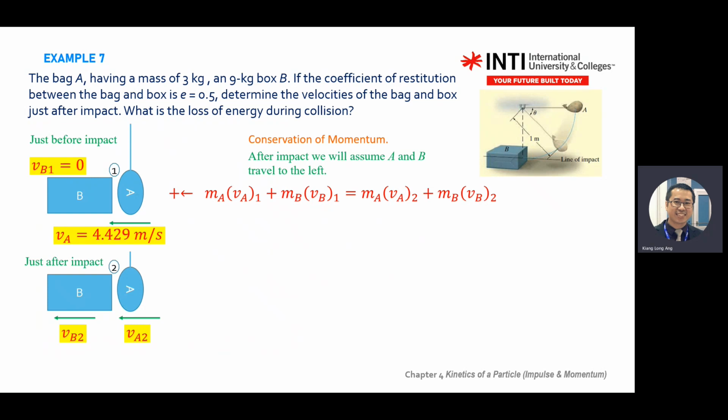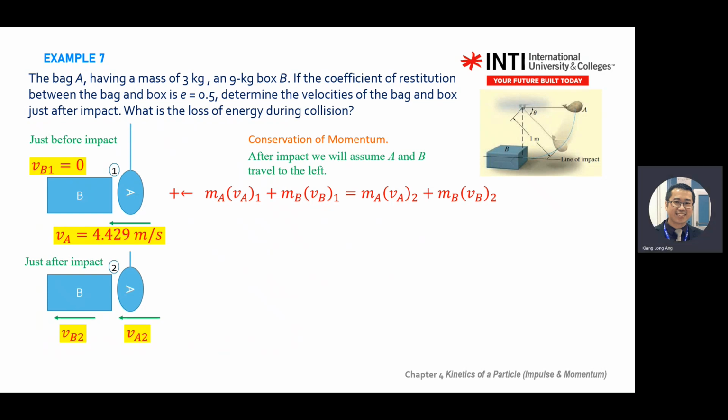We are looking at the big picture now, what happened before and what happened after. We are not so hurried to use the principle of impulse and momentum in this case, because we are dealing with two bodies. With two bodies, we look at the big picture, and for the big picture we use conservation of momentum. Then if you want to look into an individual body, only then you use the principle of momentum and impulse, because the force you can only see in the individual particle case.